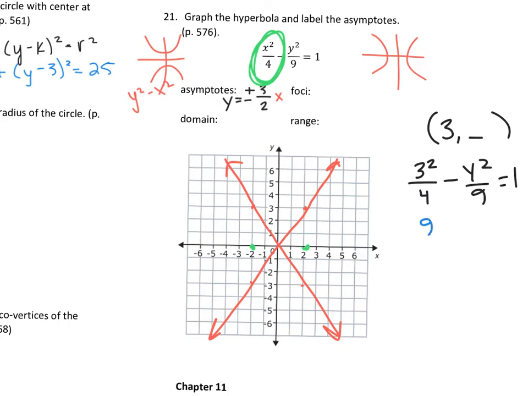So this is going to be 9/4 minus y squared over 9 equals 1. I'm going to subtract 9/4 from each side. And after that, I'm going to multiply. I'd do this on my calculator. So I have -y squared over 9 equals 1 minus 9/4. That's a fourth, not a y. And then I multiply both sides by -9.